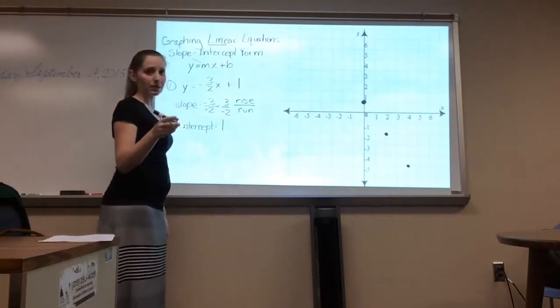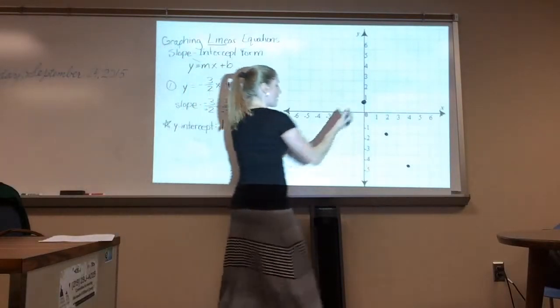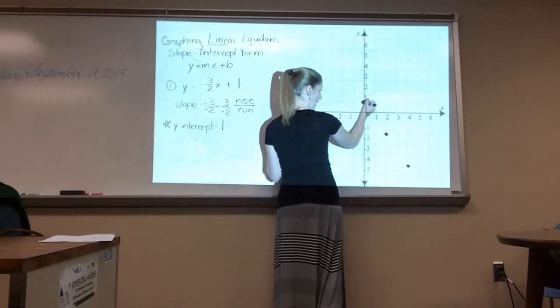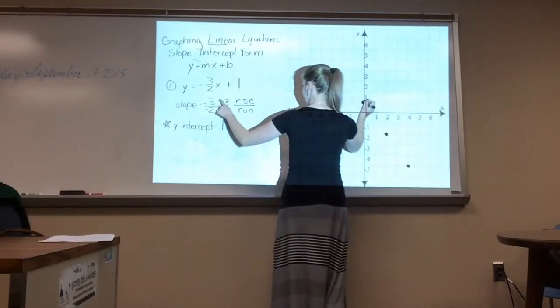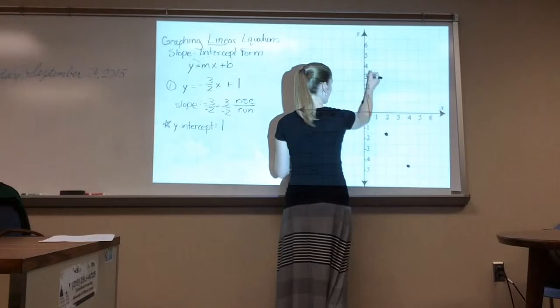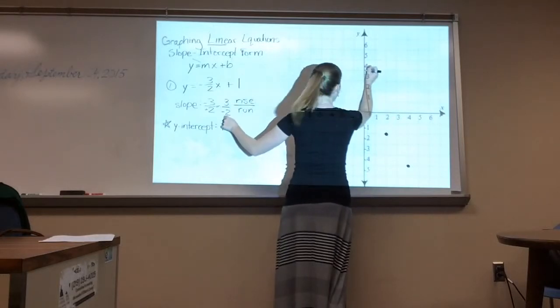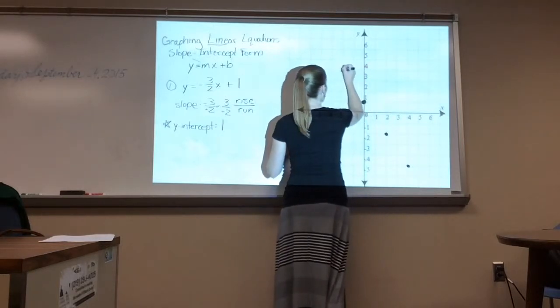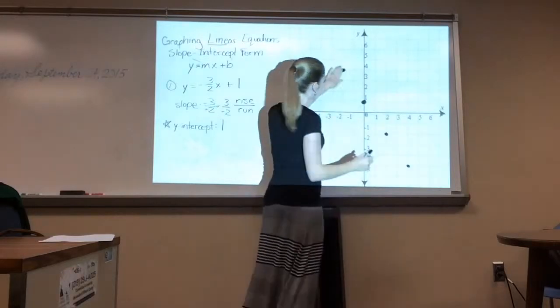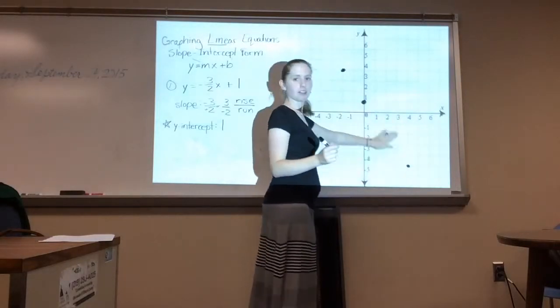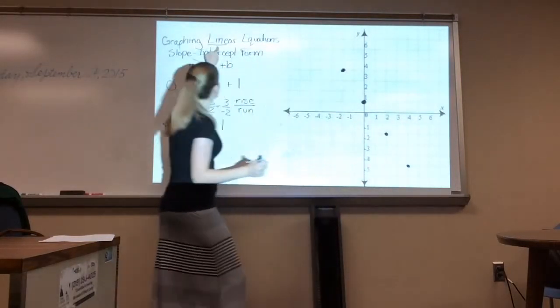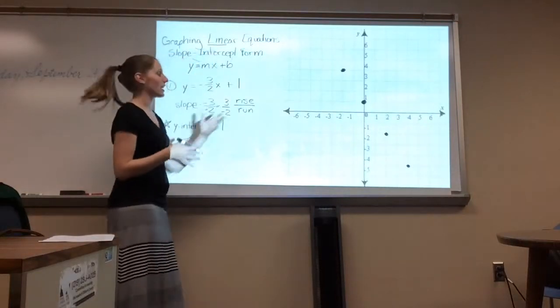Now here's the reason why we can do this. Let's look at it on the graph. If I start here at my y-intercept and I do positive 3 for the rise, or up 3, and then I go to the left 2 because that's a negative 2, you will notice it's still along the same line. See how they're making a line right here? Linear equations make a line on the graph.